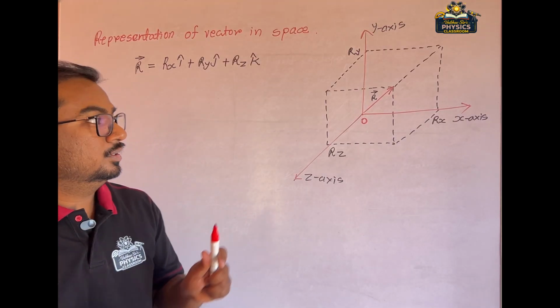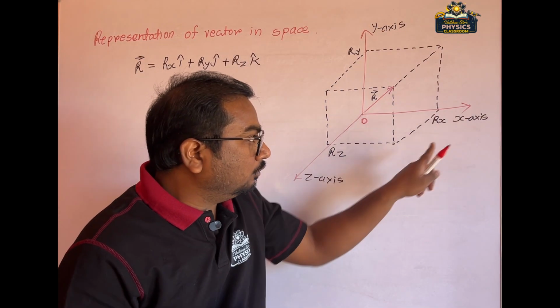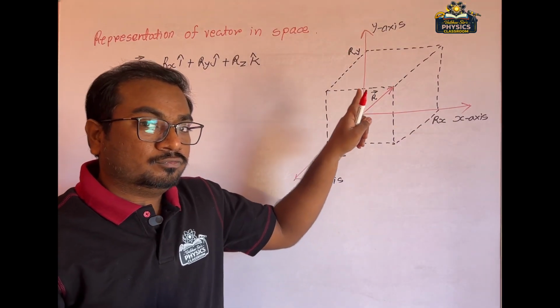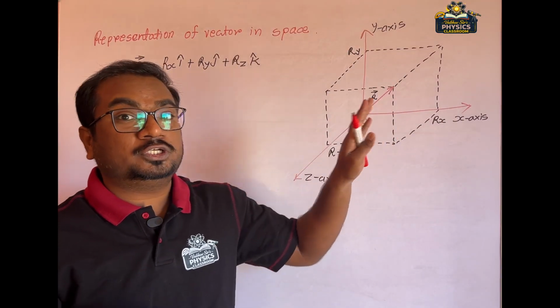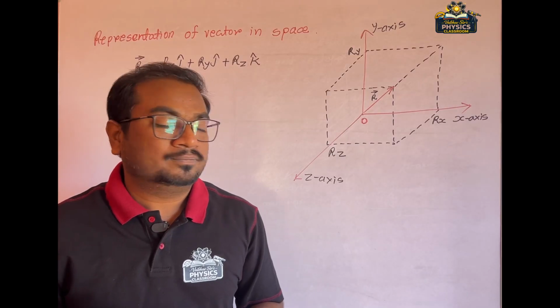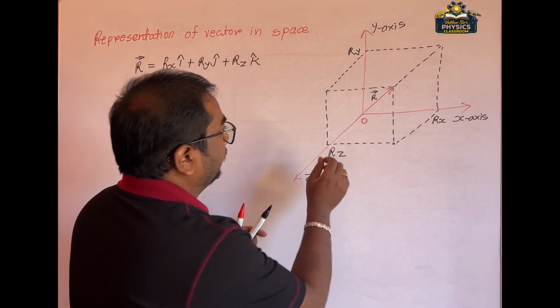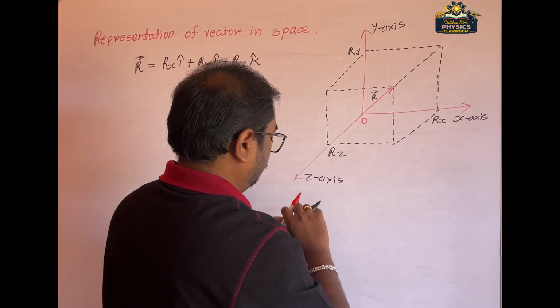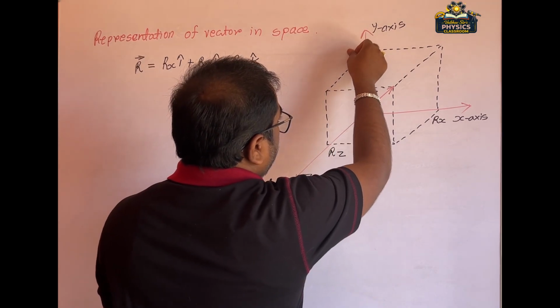Alright. Then, with the help of this diagram, we can find the position vector. So I am giving some names, like that. See here.